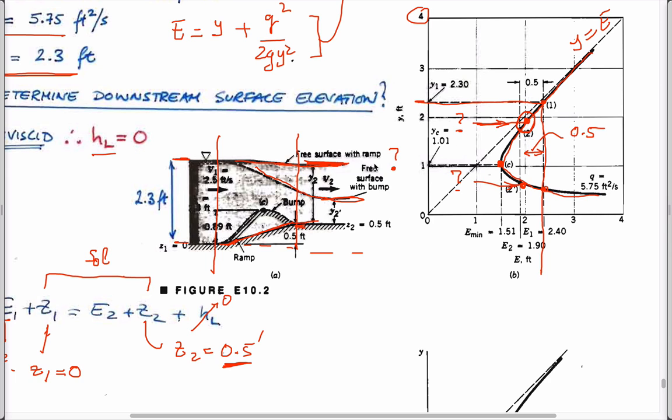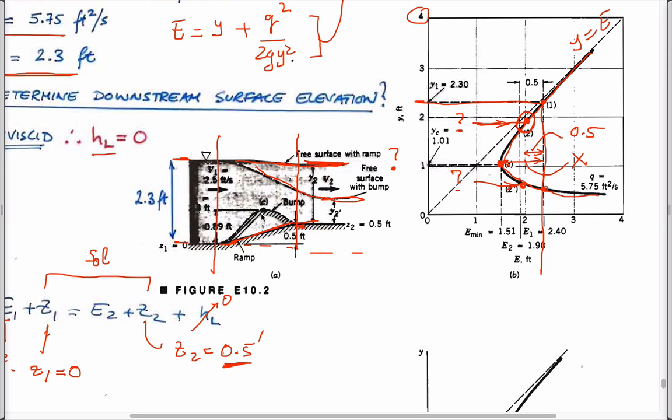But if you want to be able to get to this point here, then you have to allow the water depth to change so that this ramp height would basically have to be this length here. So whatever this length here, well, I won't use L. Let's choose X.